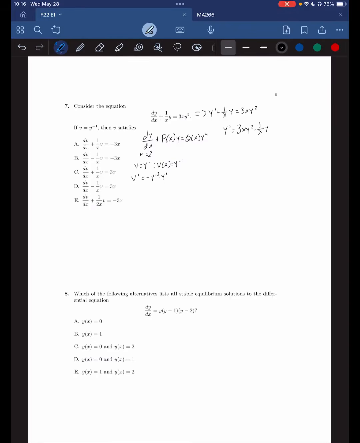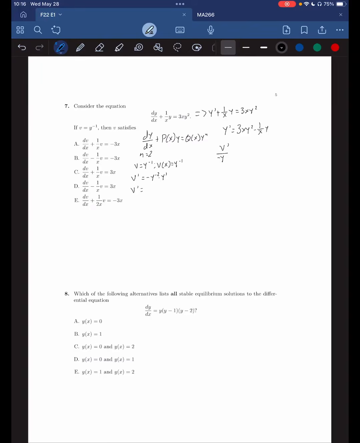But if we take a closer look, we know that y prime is actually equal to v prime over minus y to the minus 2. Right. And then I will substitute that in there. Sorry, this is some bad algebra. I'm going to rewrite this.